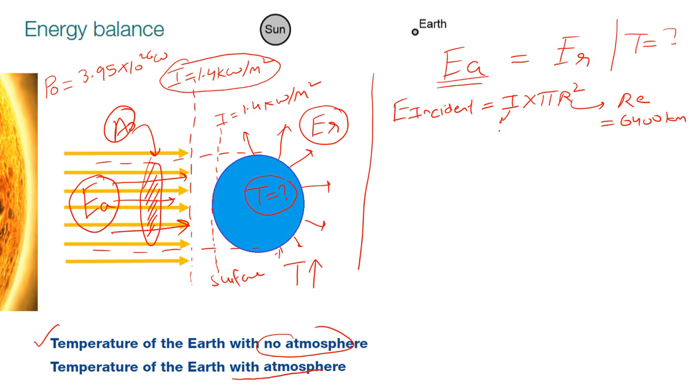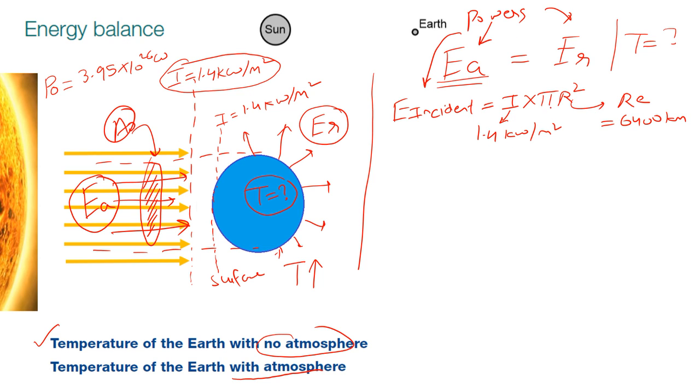And the intensity value is 1.4 kilowatts per meter square. Now if we solve this expression by putting in all the values, this is actually not energy, everything here is in terms of power.